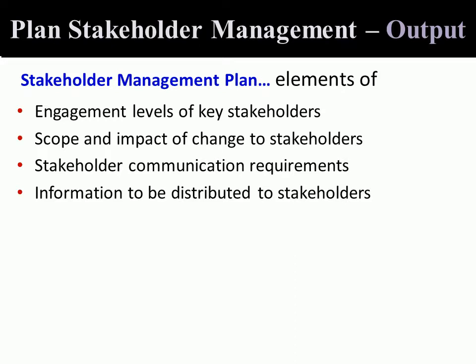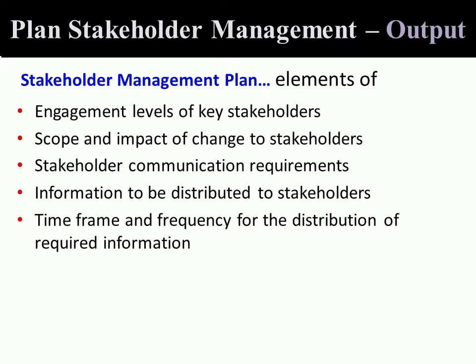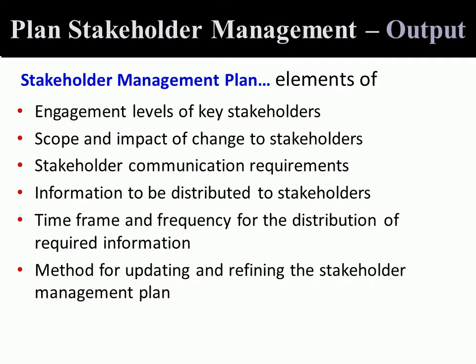Is it via a portal, where they have to go and pull it? Would we push it out via some sort of email, a bulk email send, like a listserv? The time frame and frequency for sending such information out, and also importantly the methods for updating and refining. So the stakeholder management plan will identify these areas.